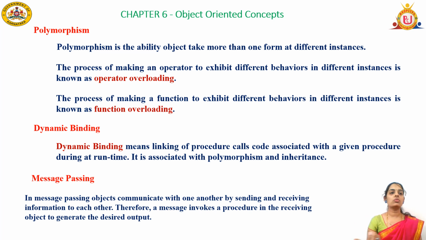A message usually involves specifying the name of the object, the name of the function and the information we want to send. So message passing is the communication between two or more objects by sending and receiving messages.